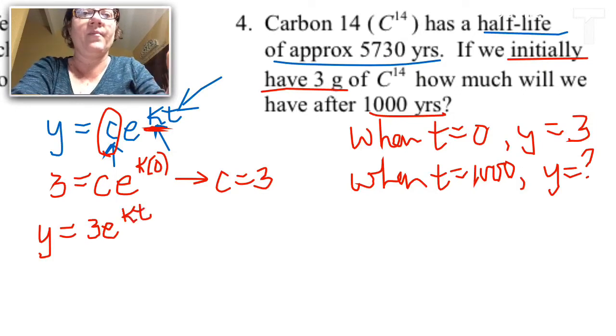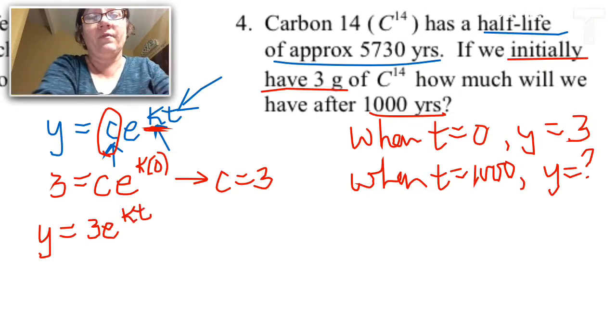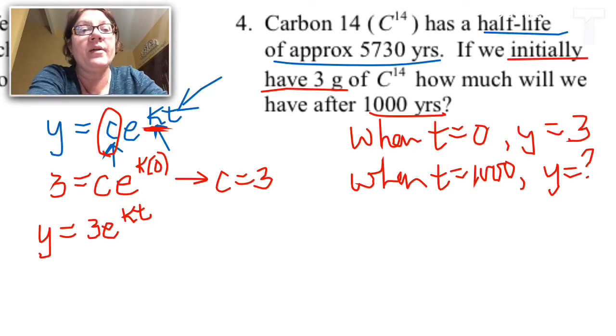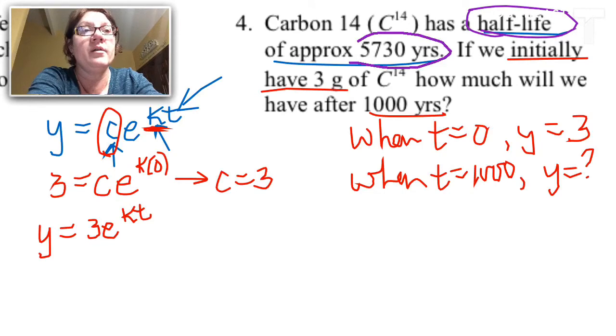And so then I need to be able to figure out what k is. And if you remember back to either Algebra 2 or Pre-Calc, this half-life tells me how long before I have half of it left.